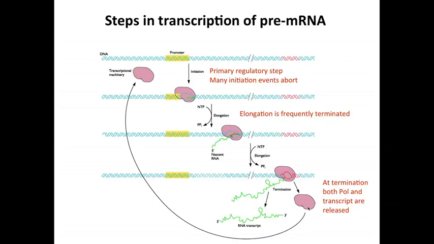The transcript and the transcriptional machinery, the polymerase and the other proteins, are released. The Pol can recycle and go back on another template, and now we have our RNA transcript, which can undergo splicing if needed and export from the nucleus. So those are the generic steps in transcription. We call it pre-mRNA because it has to undergo additional processing. And next, we're going to consider what happens specifically during the initiation step.